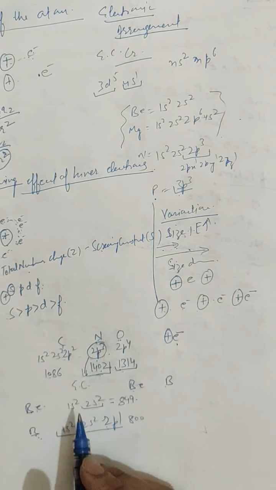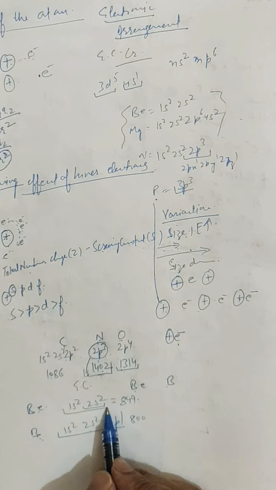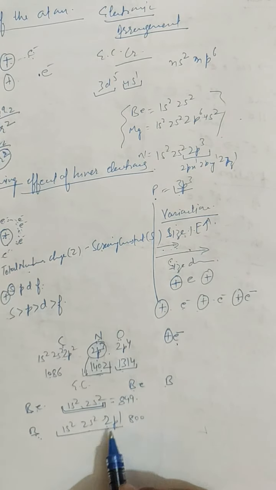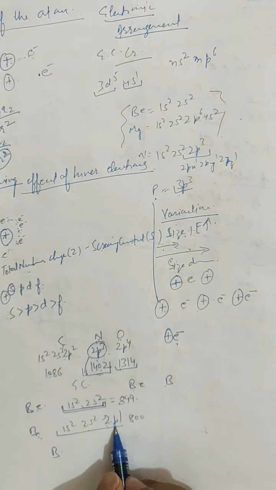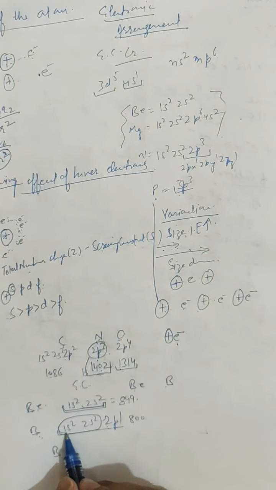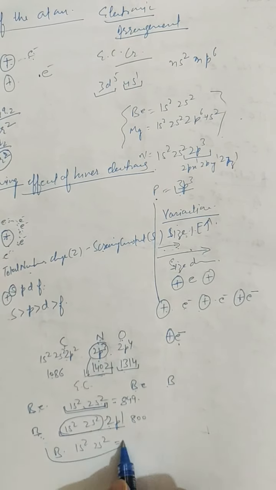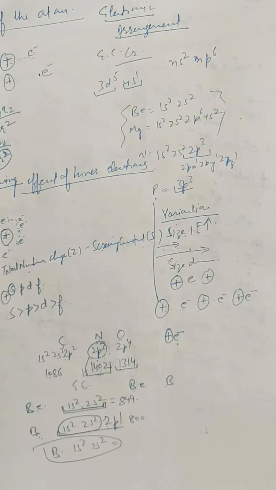Why does this happen? Because beryllium has a stable electronic configuration as compared to boron. Moreover, after boron loses an electron, it attains the stable configuration 1s2 2s2, so it will lose the electron easily as compared to beryllium. So these kinds of questions will be asked.